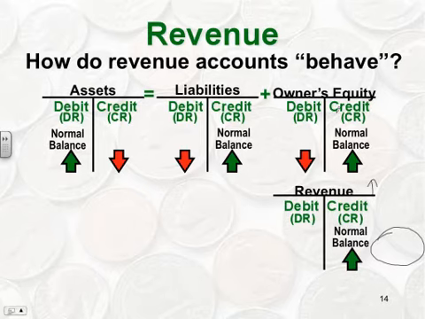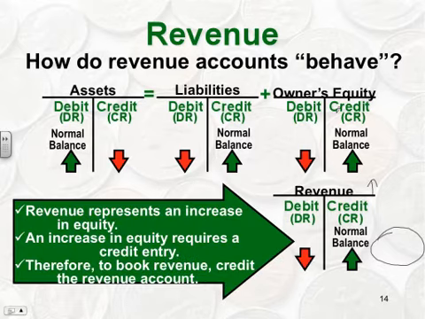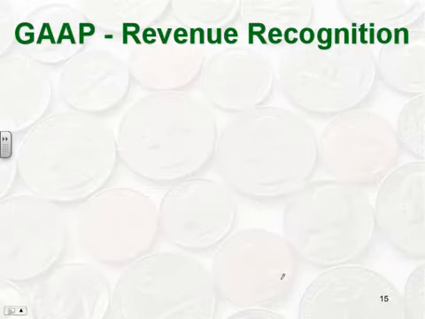So it's going to go up on the right, and if it were to go down, it would go down on the left. We would debit it. In summary, revenue represents an increase in equity. An increase in equity requires a credit entry, and therefore, to book a revenue, that means to record it in our books, credit the revenue account, just like we showed you.